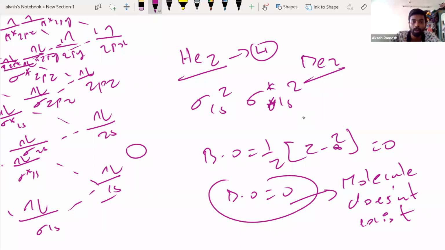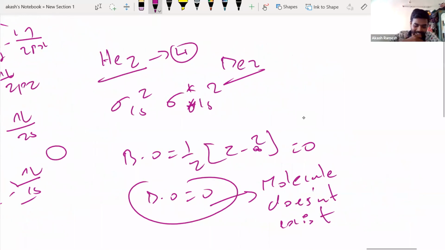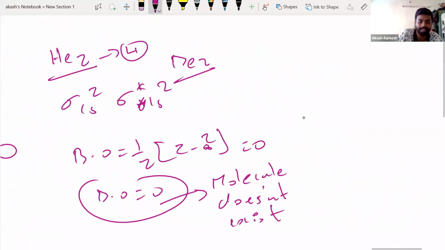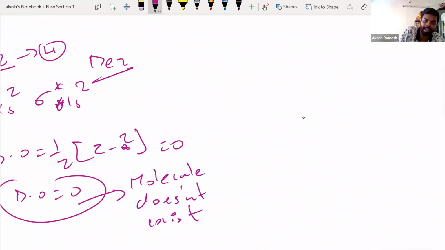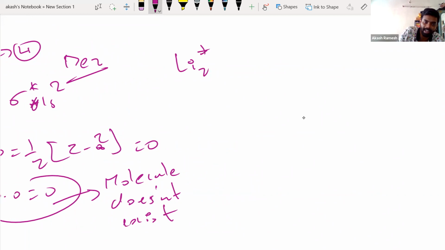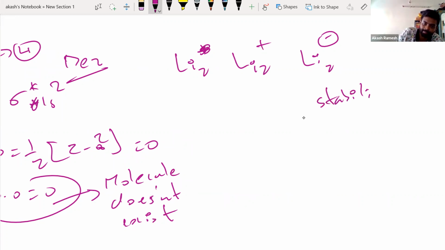Now, I don't know how many of you were there at that time, we did a problem like Li2 plus, or say Li2 1 plus, Li2 1 minus. Now if I ask you to arrange them in the order of stability, it's very simple.